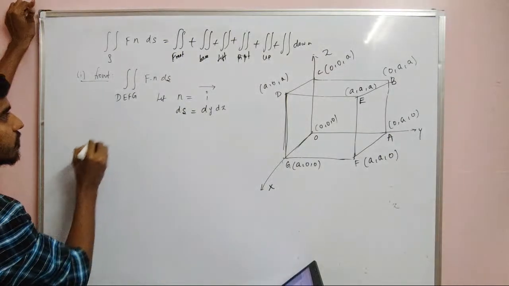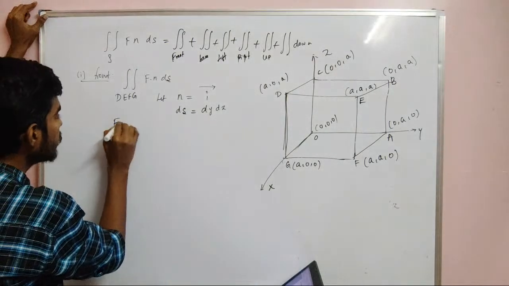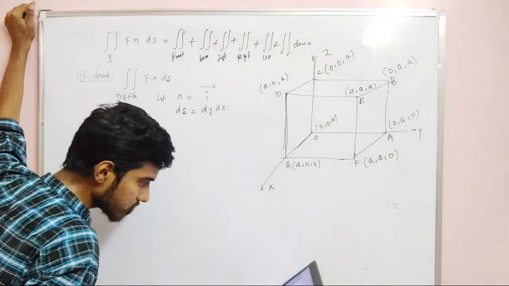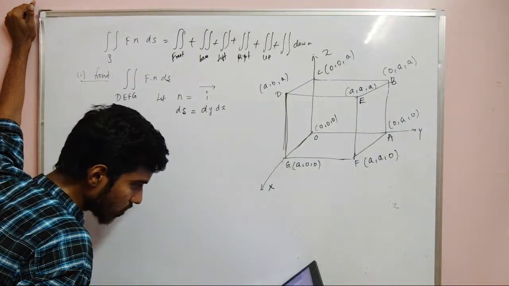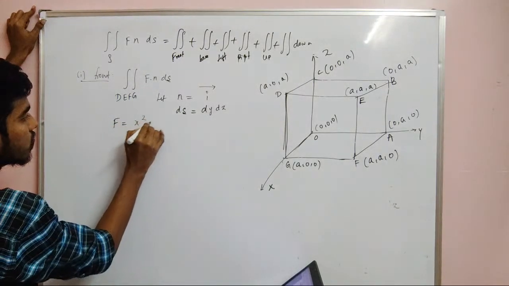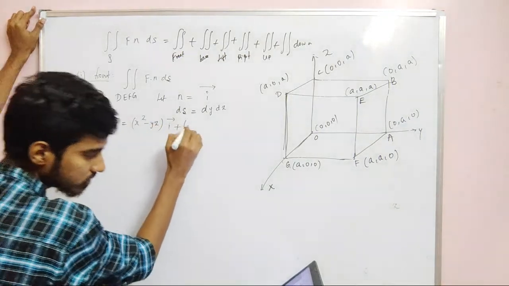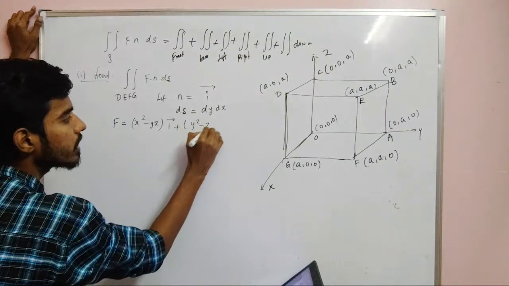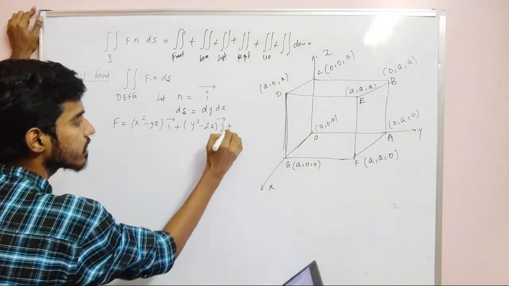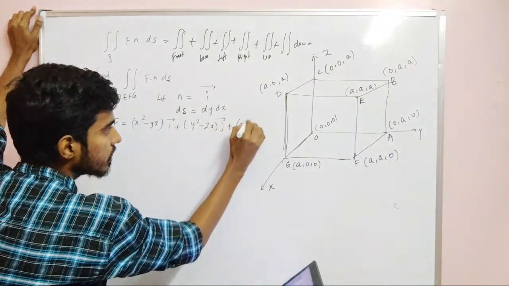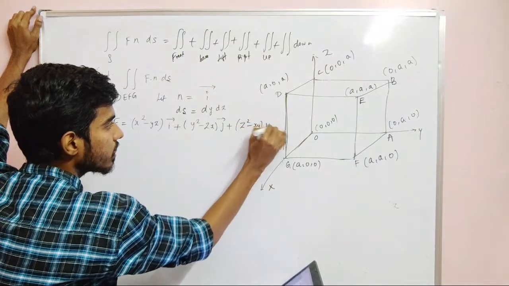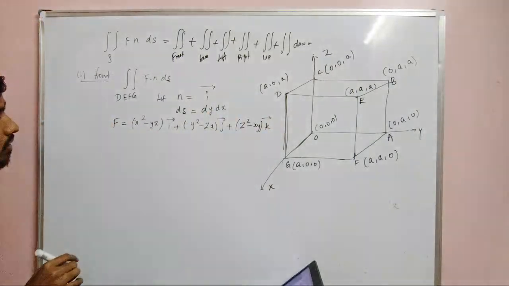So what will be my F dot n dS? Our F is x square minus yz i vector plus y square minus zx j vector plus z square minus xy k vector, right?